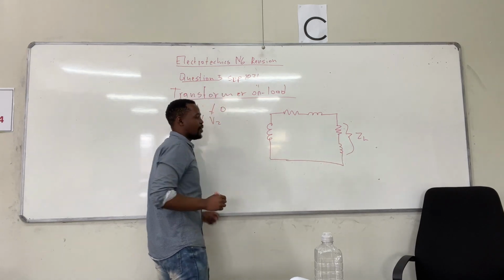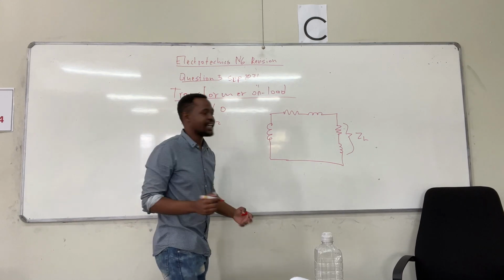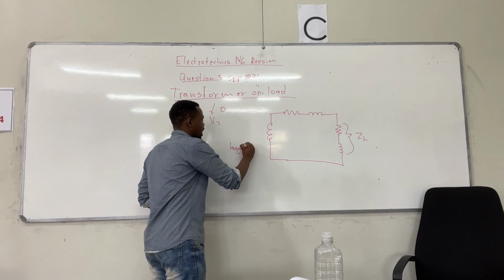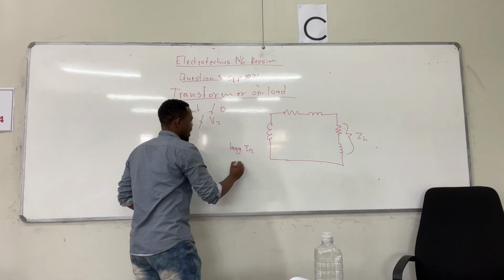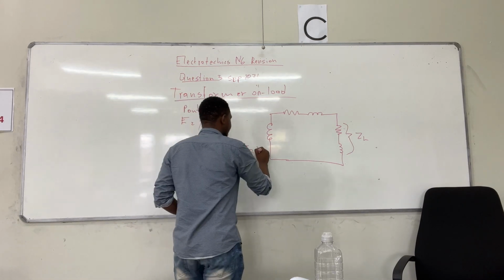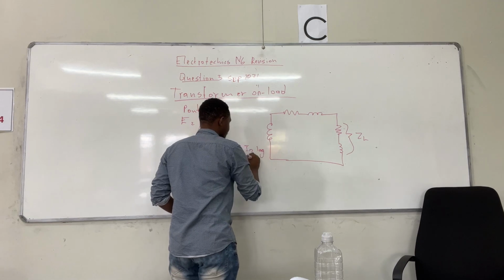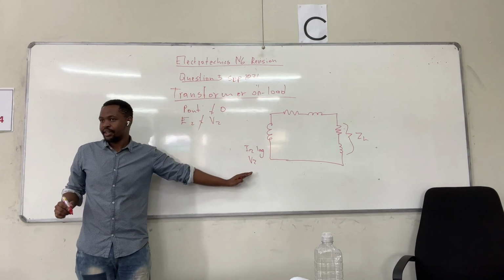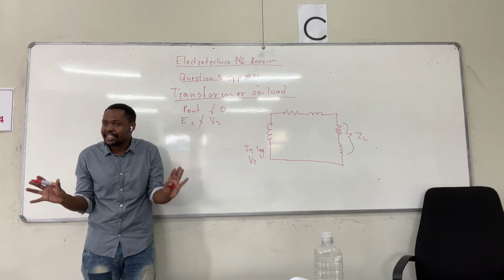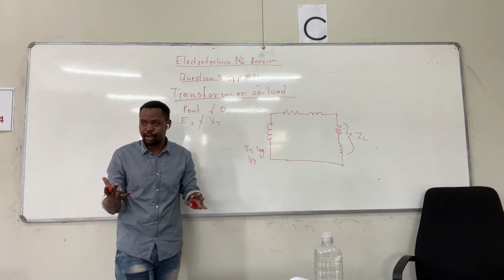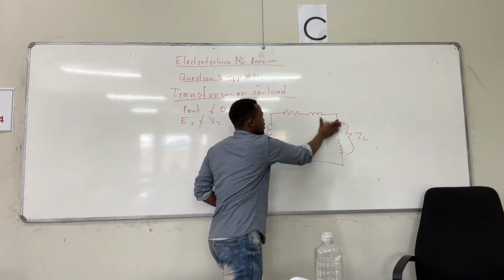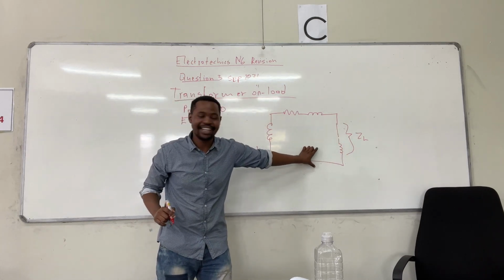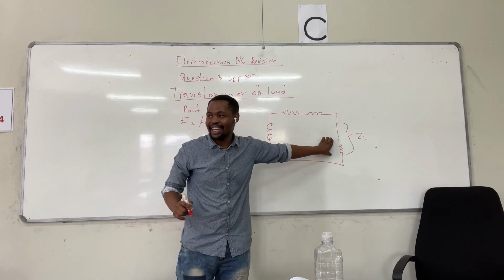If my load has a resistance, I'm expecting that current I2 will lag the terminal voltage by a certain degree, not 90. It would be 90 if my load was only inductive.